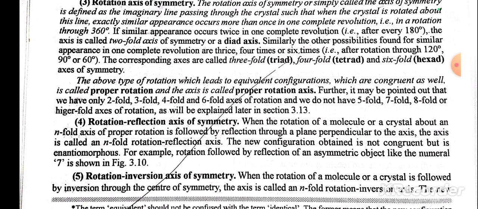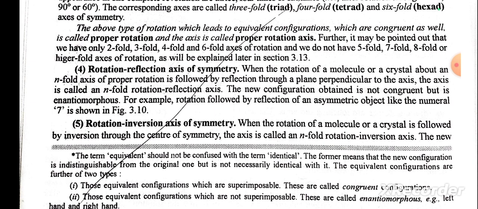Further, it may be pointed out that we have only two-fold, three-fold, four-fold and six-fold axes of rotation. We do not get five-fold and seven, eight and higher-fold axes of rotation, as will be explained later in section 3.13. The rotation-reflection axis of symmetry.